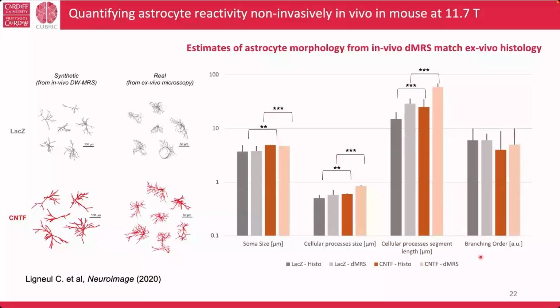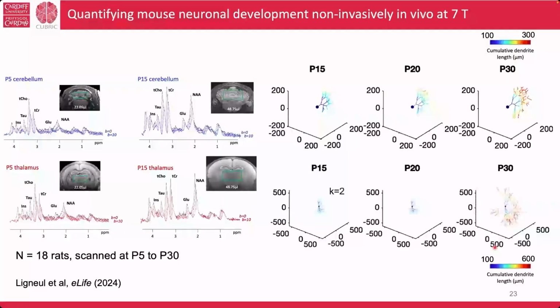And in a very recent work, always with Clémence Lignol, we applied this approach to try to decode the neurodevelopment in mice. And here we targeted two regions, the cerebellum and the thalamus, that we know undergo two different neurodevelopment pathways from 5 days post birth up to 30 days.